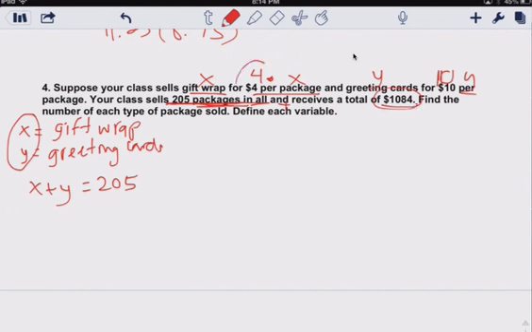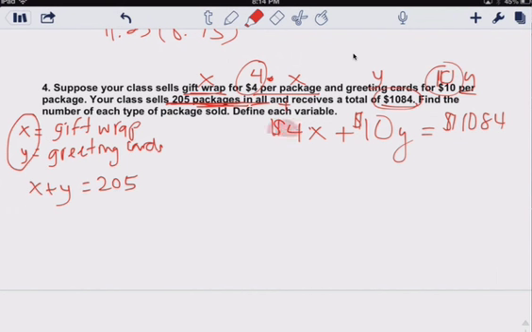So $4 per package of gift wrap plus $10 per package for the greeting cards, which is Y, each greeting card, has to equal the total of 1,084. Notice all the dollars are together here, and here you get x plus y equals 205.